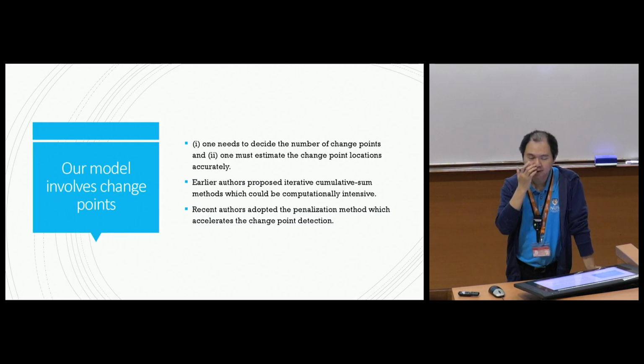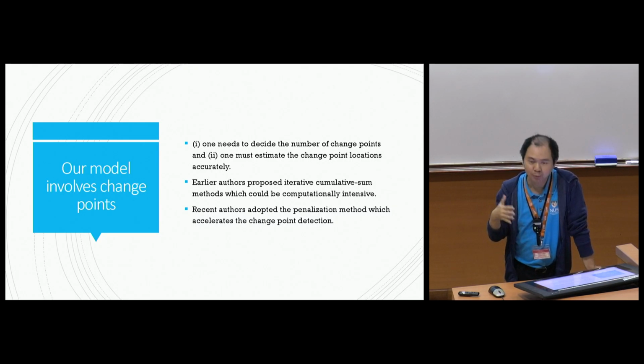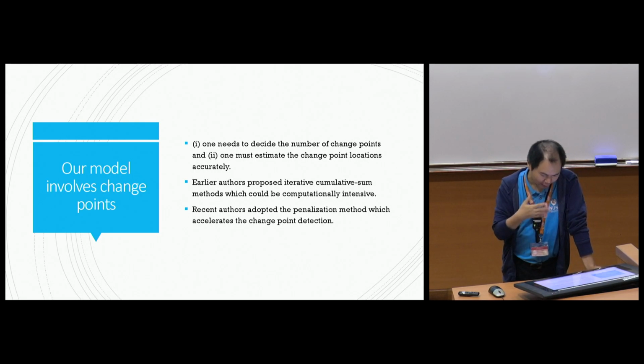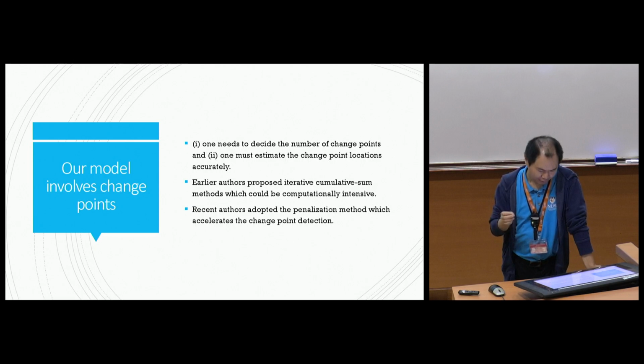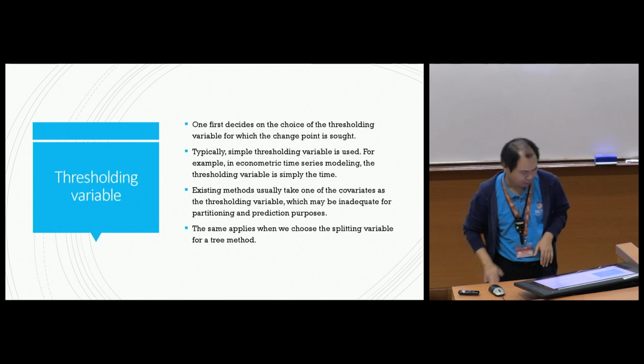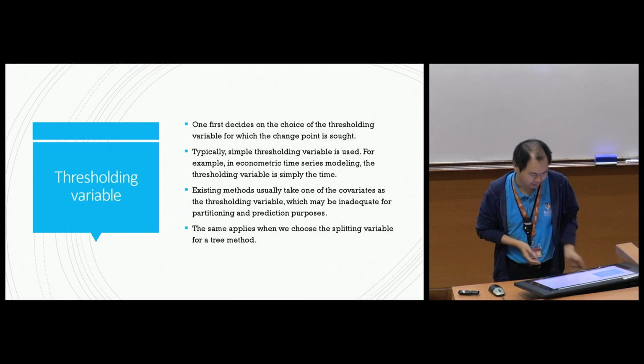This kind of method is very accurate from what's reported in the literature, but it tends to be time consuming. So recent authors try to use a penalization method to improve the calculation speed. That's also what we are going to adopt here. We're also using penalty methods.